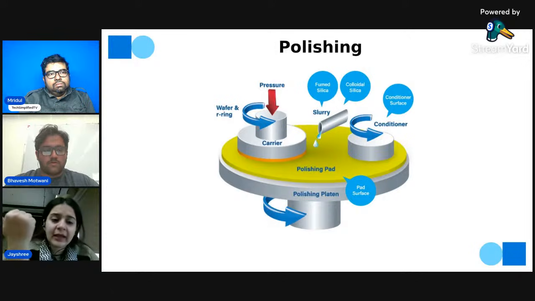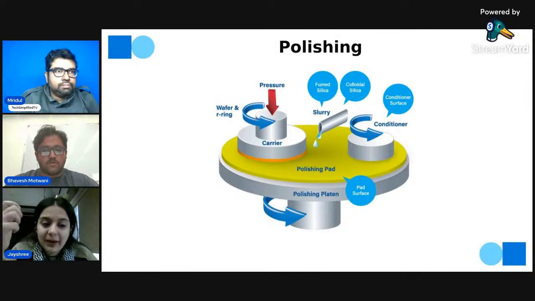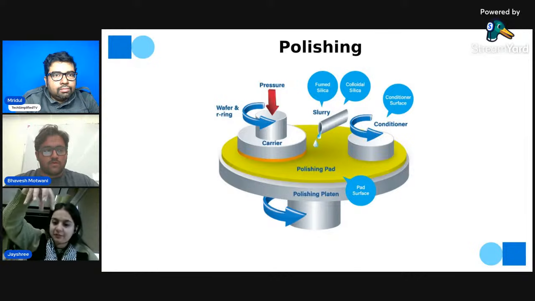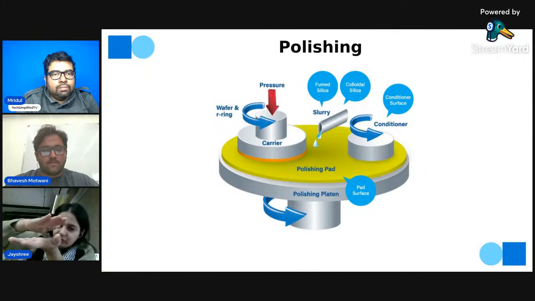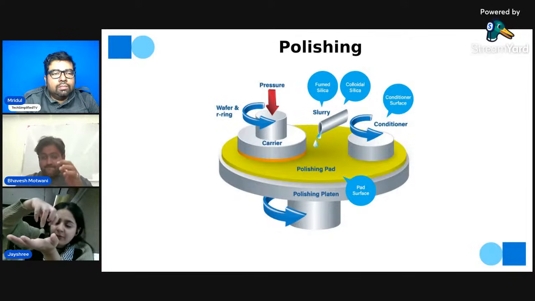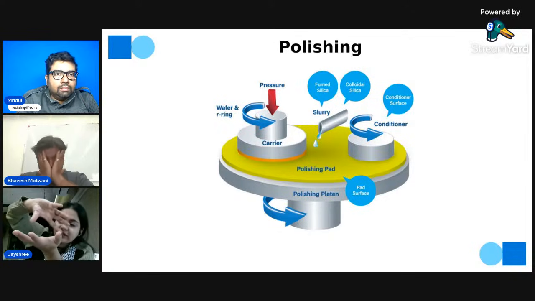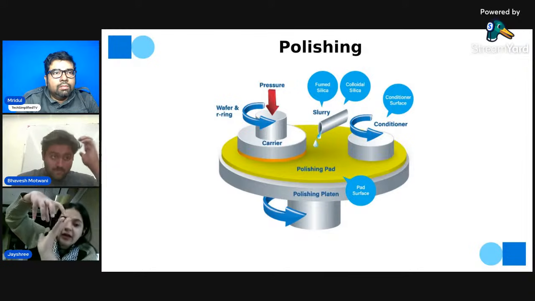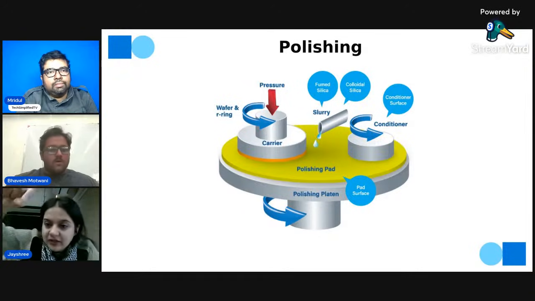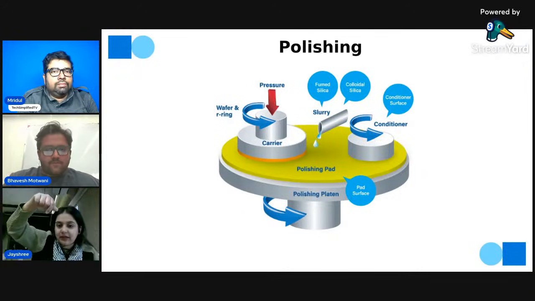Okay, and this polishing pad is made up of artificial fabric, and the wafer is placed onto the pad, with a certain kind of holder holding the wafer. Some amount of pressure is applied while the holder is rotated in the opposite direction. There is a slurry, which you can see in this image, with droplets.